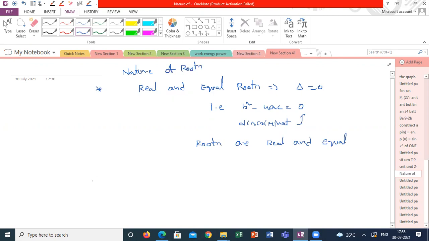What is the condition for real and rational? Guys, b square minus 4ac must be greater than 0, that is, delta is greater than 0 and a perfect square. Correct?